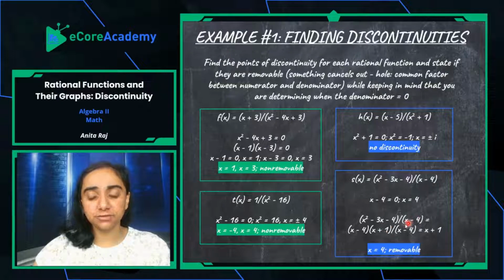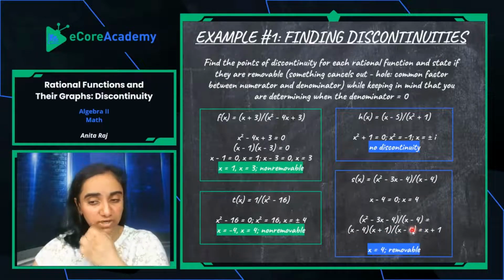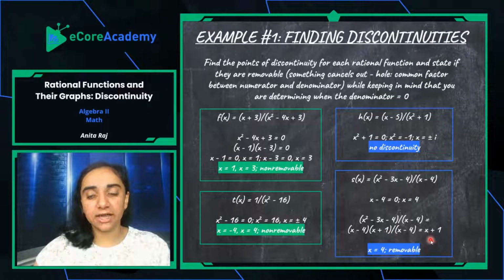In both of these instances, we're dividing by x minus 4 to see if there's a common factor that will cancel out. And in our case, there is. So these x minus 4s in the numerator and denominator are going to cancel out, leaving us with just x plus 1. That means there is no vertical asymptote here, because this was actually a common factor. We're left with this as our simplified function, so we can actually rewrite the function as this.